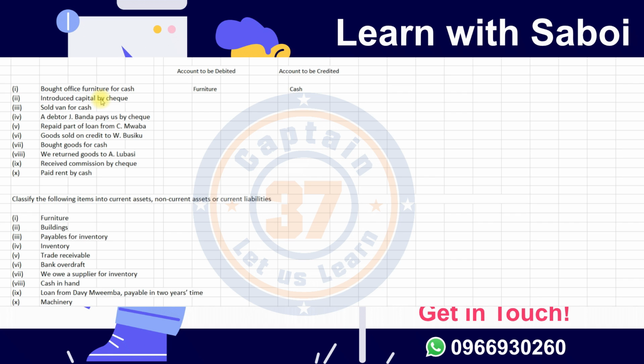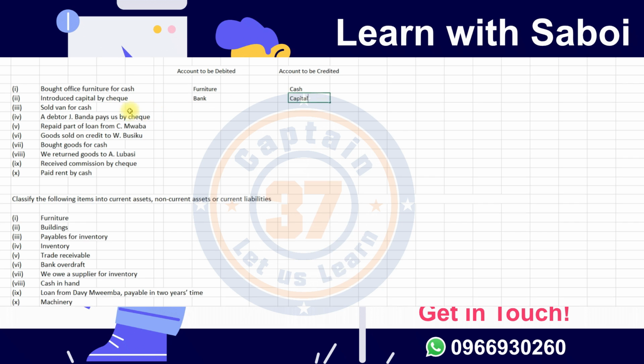You only deal with checks when you are dealing with a bank. So more money has been put into the business and received through the bank, and so you debit bank. Who do you credit? Capital, the name given to money that is used to start and run a business.